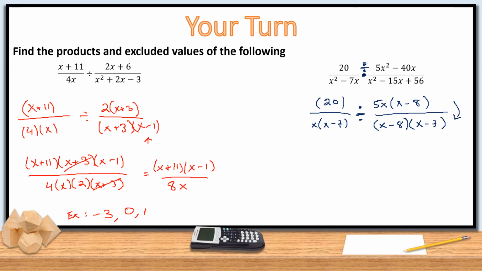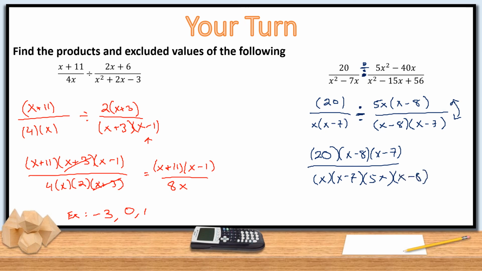So the divisor is going to flip. 20 times x minus 8 times x minus 7 all over x minus 7, 5x, and x minus 8. And really that 5 and x should be separate, so I'm going to separate those.